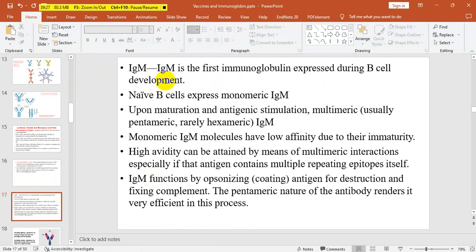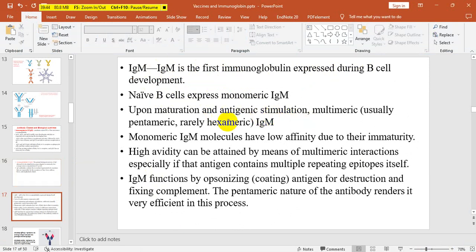So immunoglobulin M is the first immunoglobulin expressed during B cell development. Naive or virgin B cells express monomeric immunoglobulin M upon maturation and antigen stimulation.